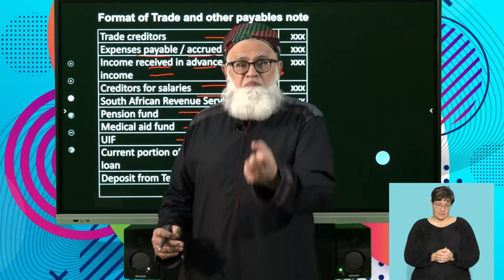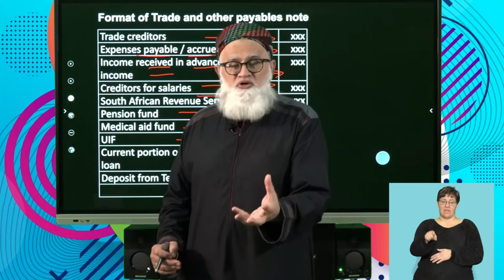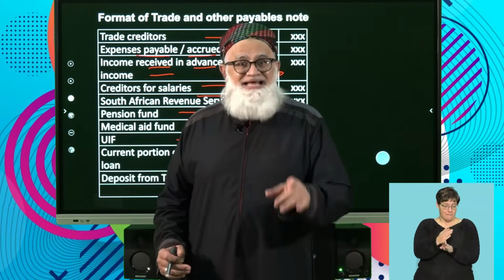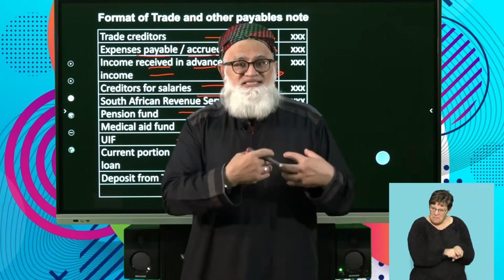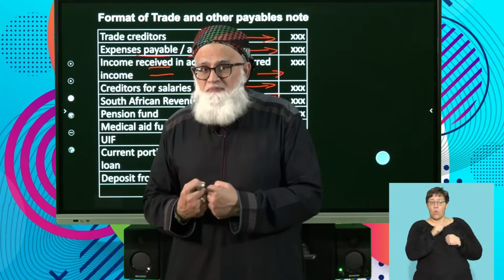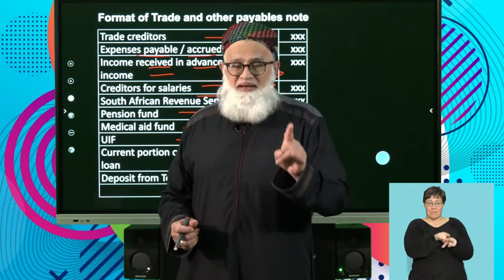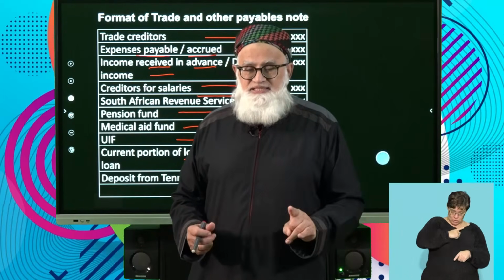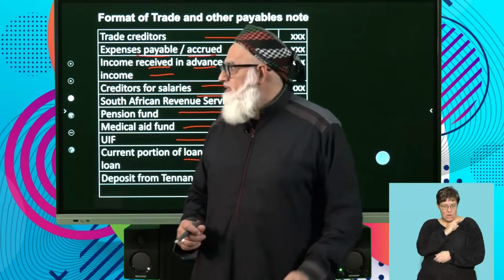It is that portion that has to be repaid to your tenant because the deposit is an upfront payment, like we had a deposit of water and electricity, which is an asset to us. The deposit that we are keeping on behalf of a property that we have leased is, by the same token, a liability, and therefore appears under trade and other payables.